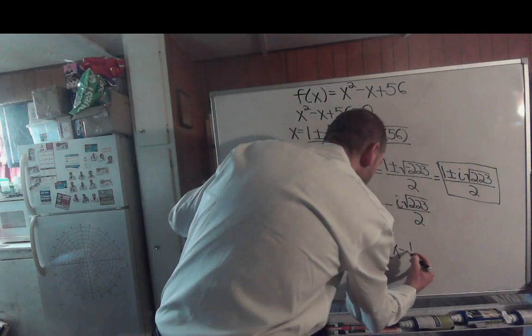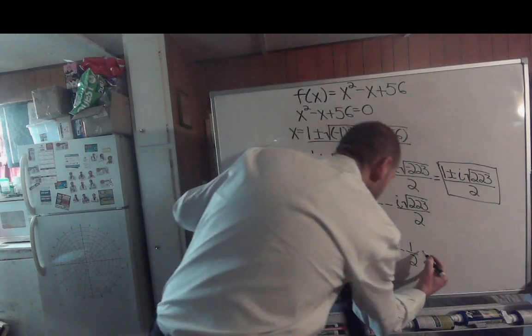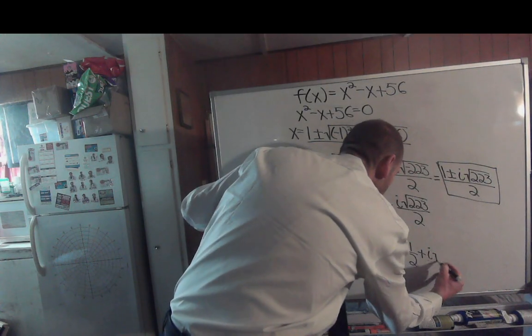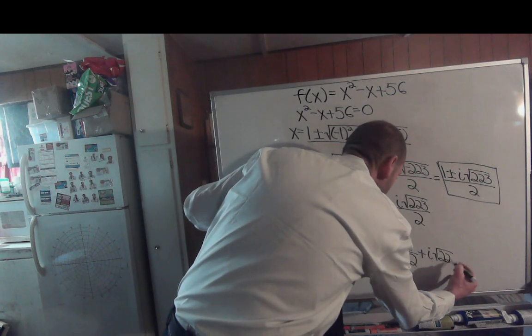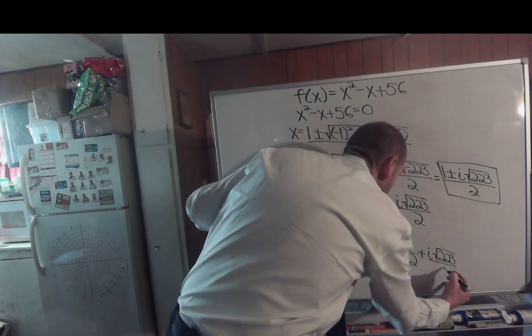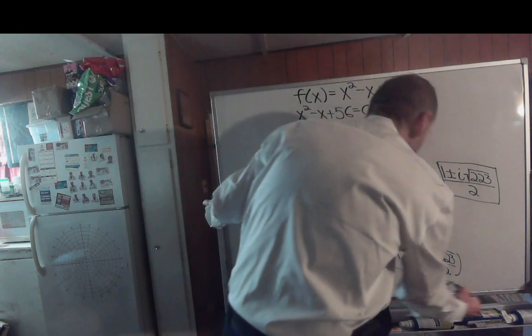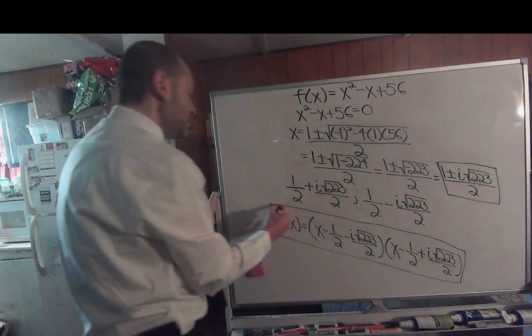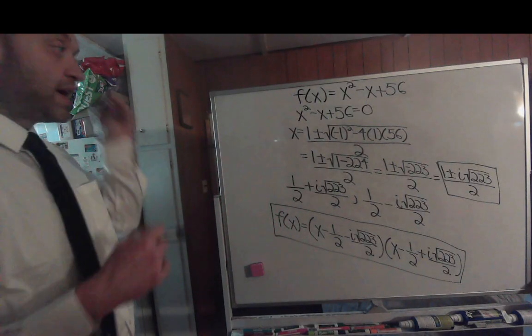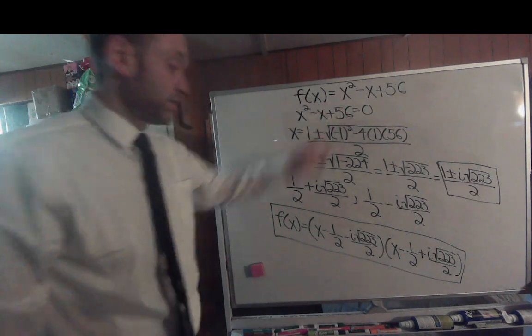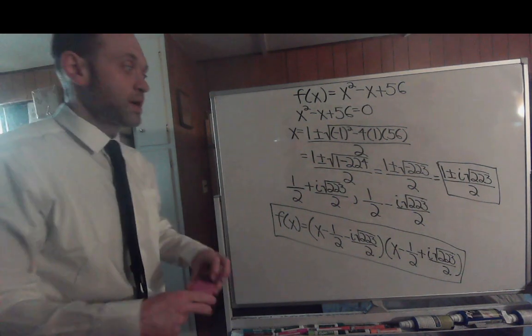Now we're going to have another quantity times x minus 1/2, this time plus i times the square root of 223 over 2. So that one was a little bit messy, but there is your linear factorization for this particular function. Yowzer.